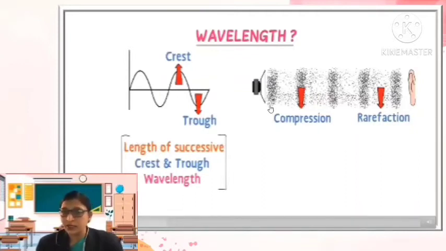In this case, if you start from the compression and rarefaction, this complete compression and rarefaction, this length of sound is called the wavelength. If you consider from here, this complete length is the wavelength of the sound.